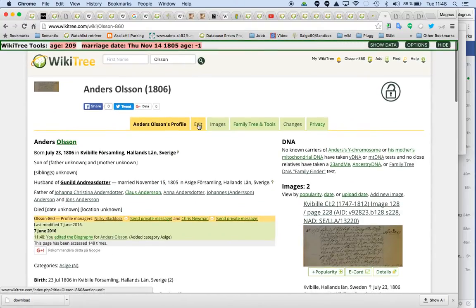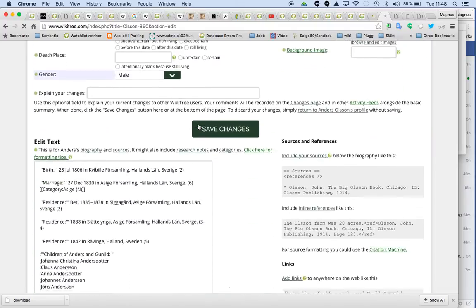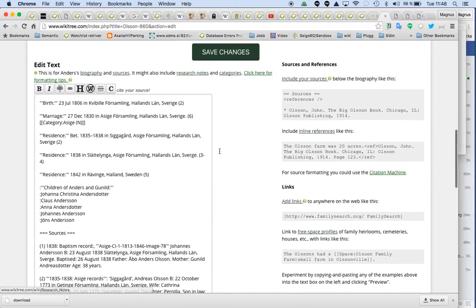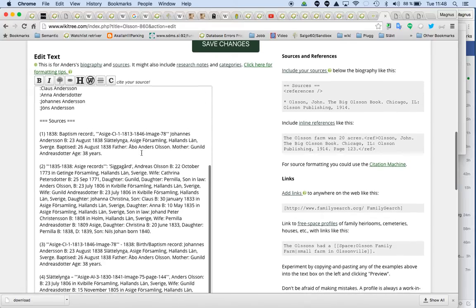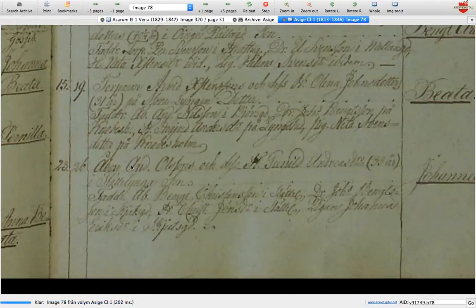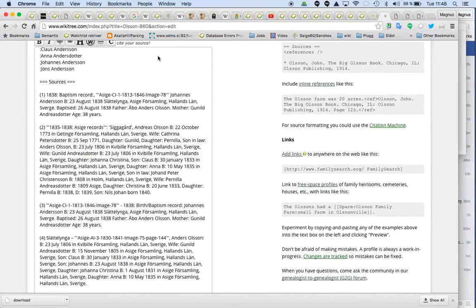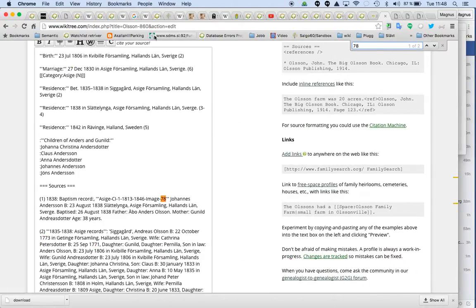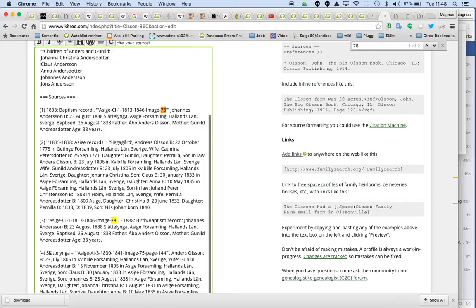So what I do then is that I add information also in a category. Resident, no, sources, baptized. And the record we were looking at is page image 78. Did you have it like that too? Yes. And then we have Åbo. So what I do now is that I add that he is an Åbo.